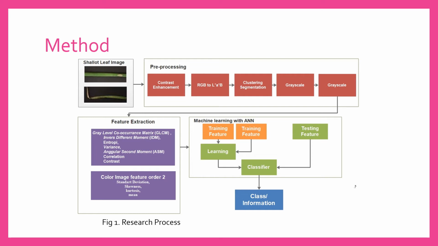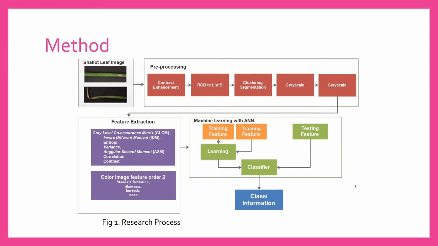Pre-processing aims to improve the quality of the image so that it is more easily processed at a later stage. The initial process is that the original image's contrast is improved, resulting in an image with optimal contrast. After the contrast is corrected, the image will be converted into an L*a*b image through the transformation of color components.